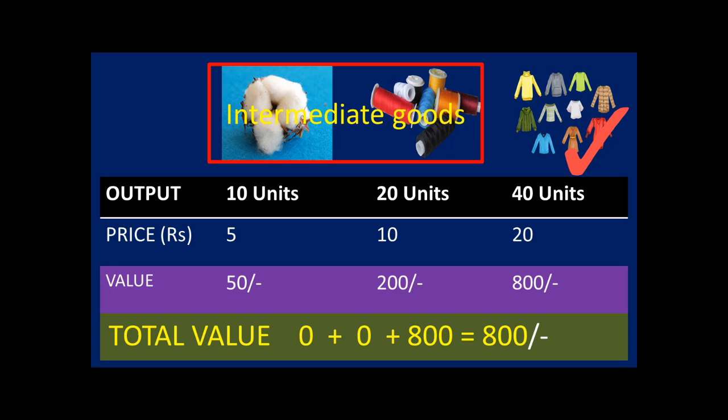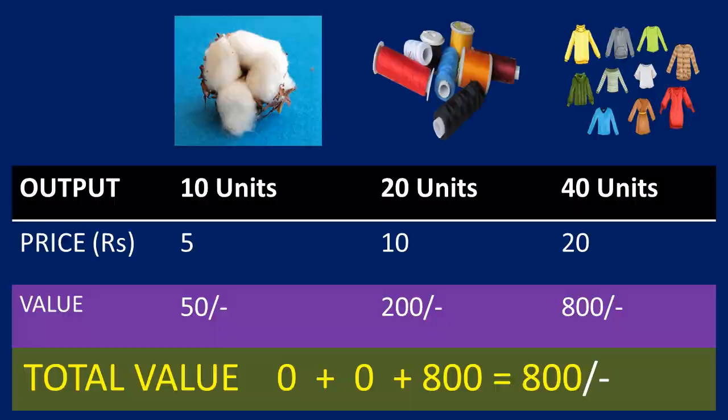So the value of cotton is 0 and the value of the thread is also taken as 0, and only the 800, which is the value of the clothes, is taken into consideration.